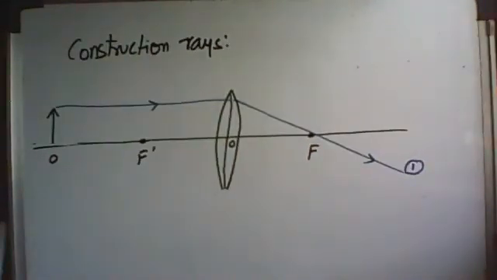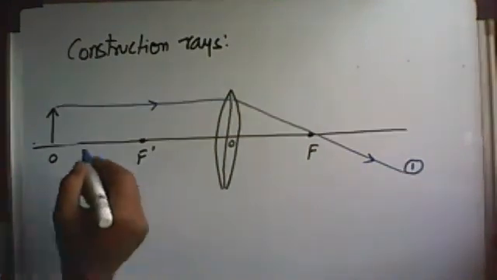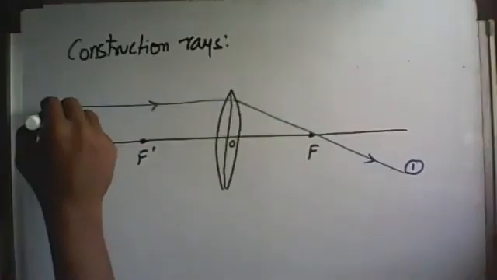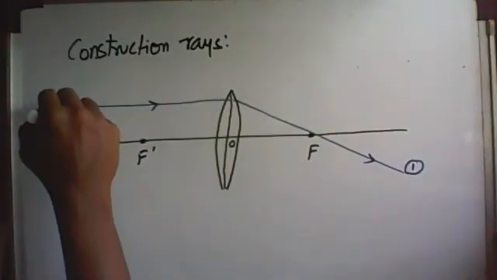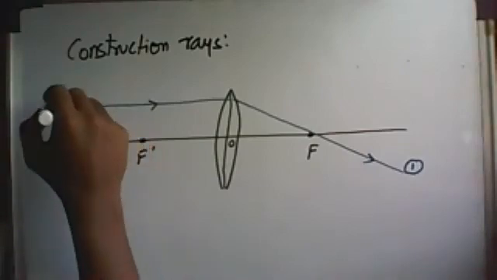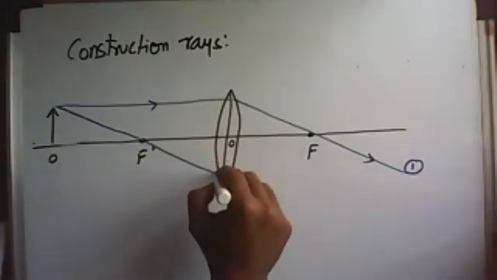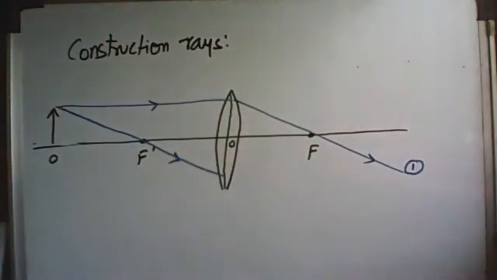Now, if I take a ray of light, and this one is a slightly more complicated one, which emanates from the same point, but it passes through the secondary focus. Do I know where it's going?